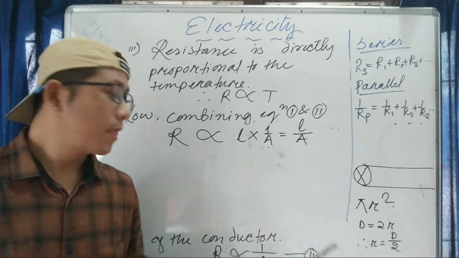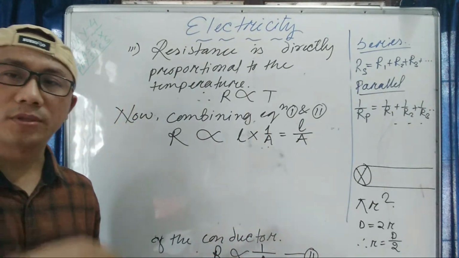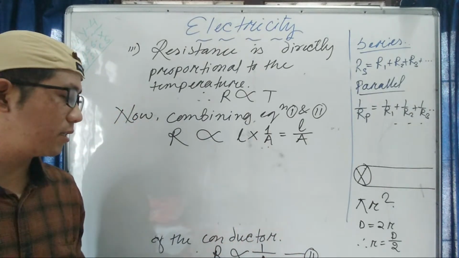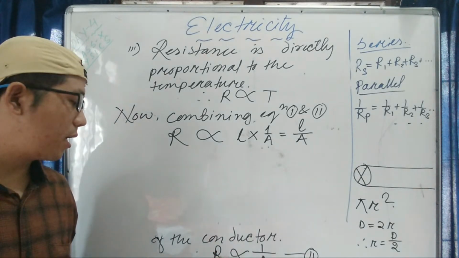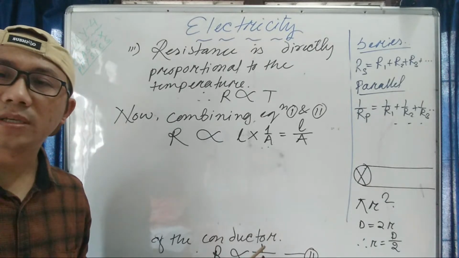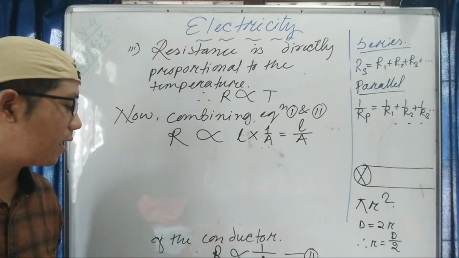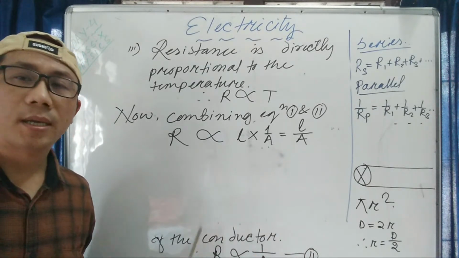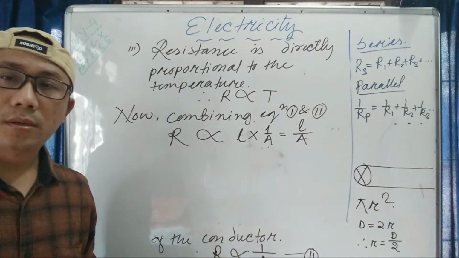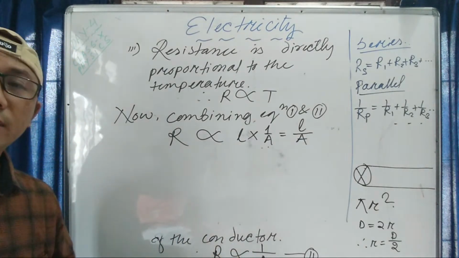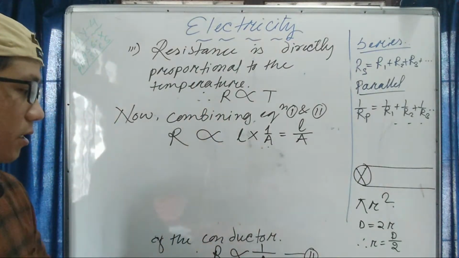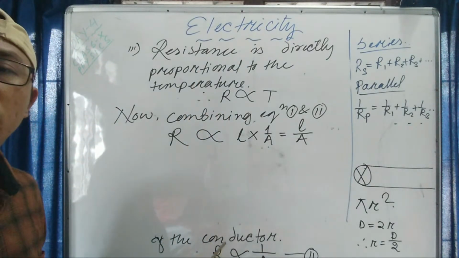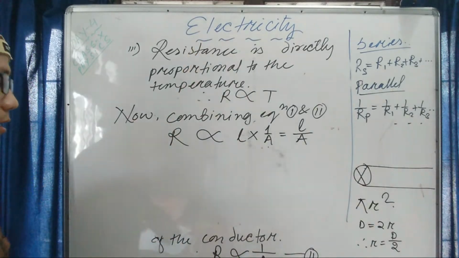That's only, okay? And inverse proportion is just the opposite only. Suppose the area of the cross section of this wire is increased, then the resistance value surely will get down. Got the point? And if the area is less, then the resistance value will be high. So that is inverse proportion.